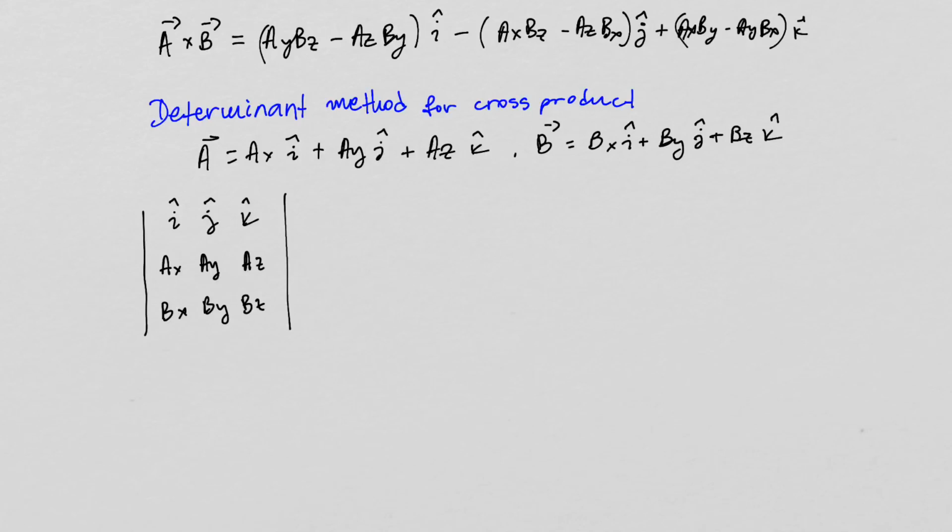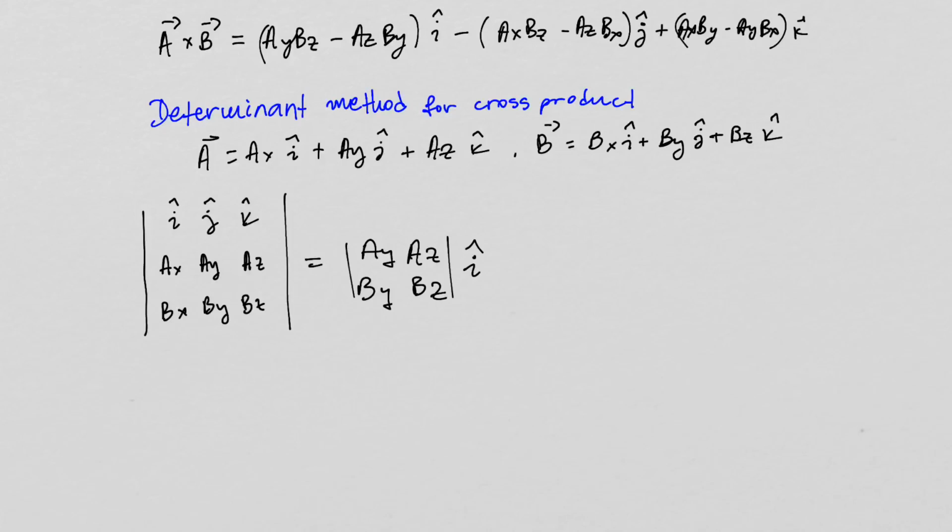The first term in the sum will correspond to the following determinant. It's a 2x2 determinant with components ay, az on the first row and by, bz on the second row, and then this is multiplied by i hat. So how did I achieve this?